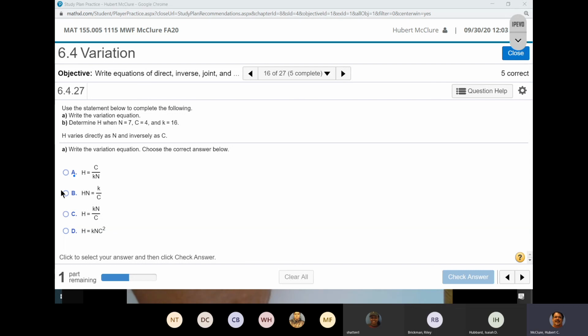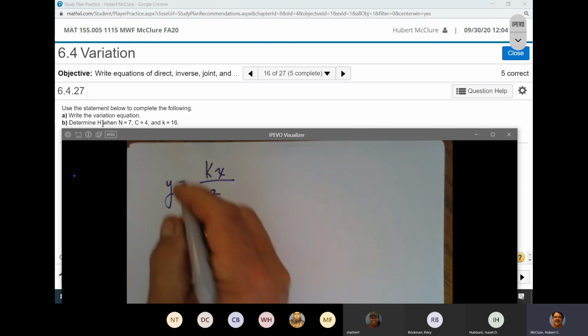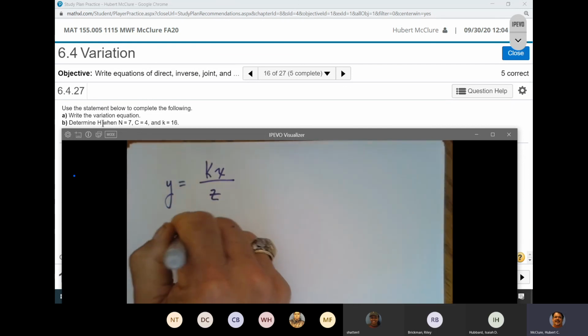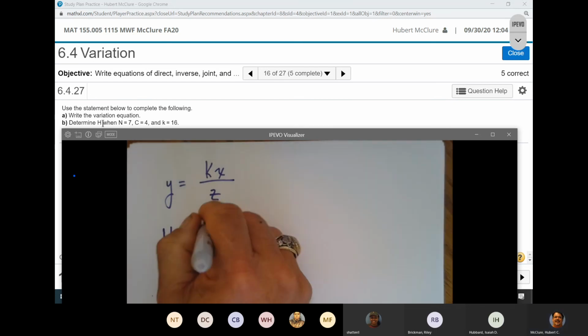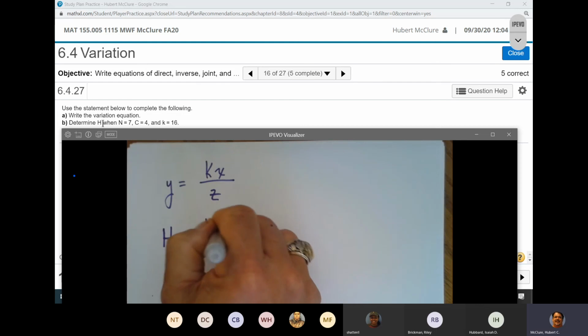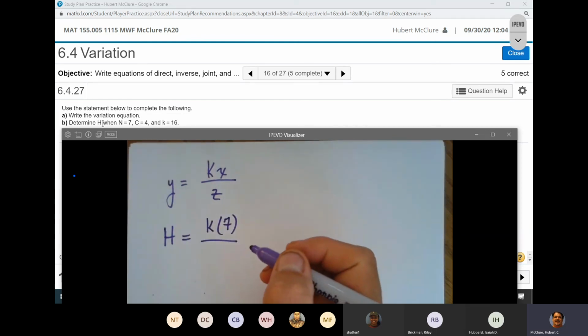KX over Z. So Y is equal to K times X over Z. And they said that H is going in for Y and 7 is going in for X.